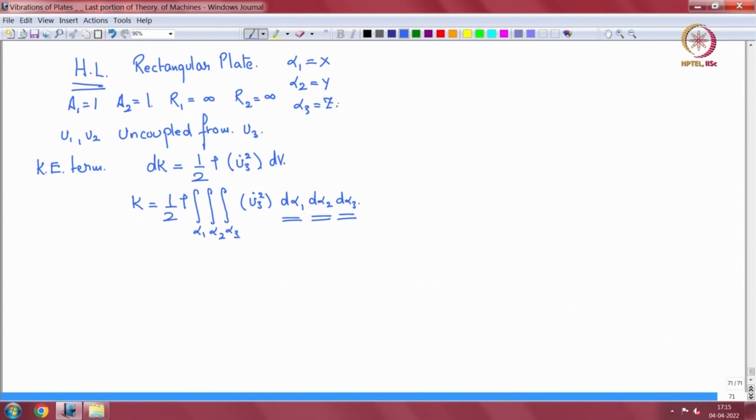If anywhere I replace one with the other, that should be okay. But I will stick with the alpha notation. This alpha 3 integral is from minus h by 2 to h by 2, and this is the volume element. It can even be dx, dy, dz.